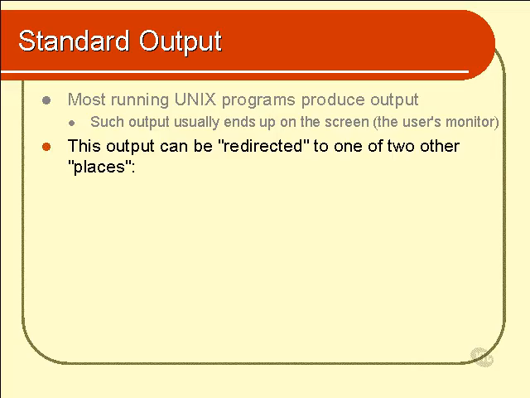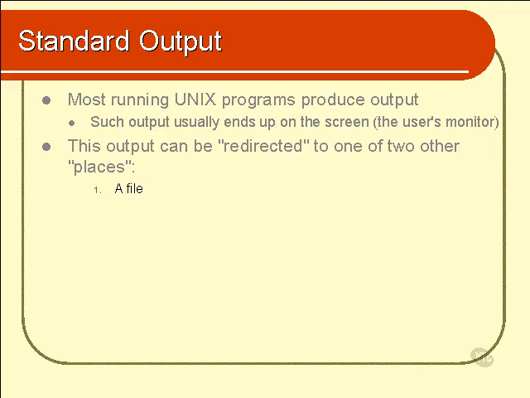Importantly, and this is the new concept for this chapter, output can be redirected to one of two other places, I suppose. The first of those two places is a file. This means instead of the output appearing on the screen, a new file is created, and the output that would have gone to the screen is stored in the file instead.